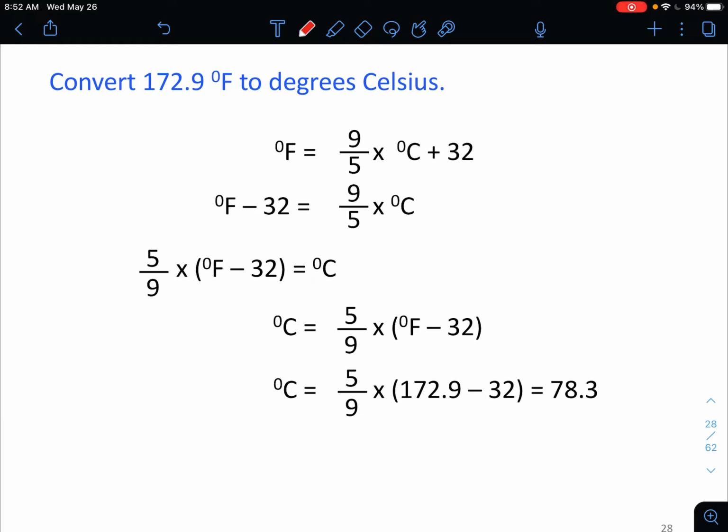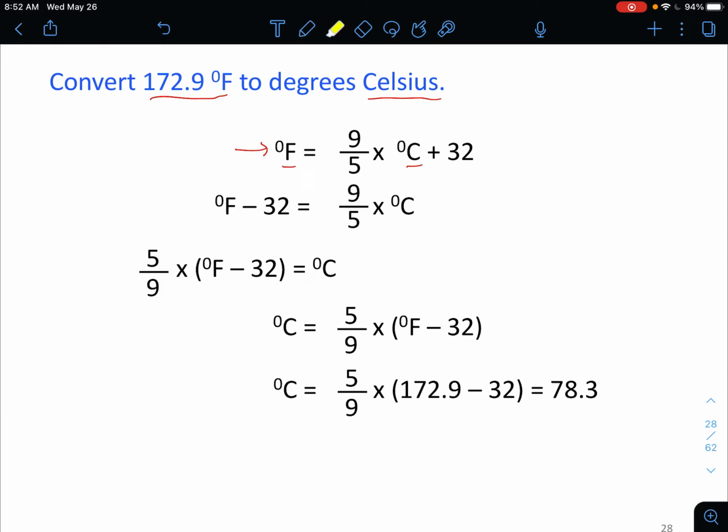Anyway, the question here was to change 172.9 Fahrenheit to degrees Celsius. As I said, we're not worried about significant figures yet. I'm vaguely following some of it in these examples, but we're not worried about it yet. So this equation here is showing what I would do if I had Celsius and I wanted Fahrenheit. That's not what we want. We want to rearrange the equation.